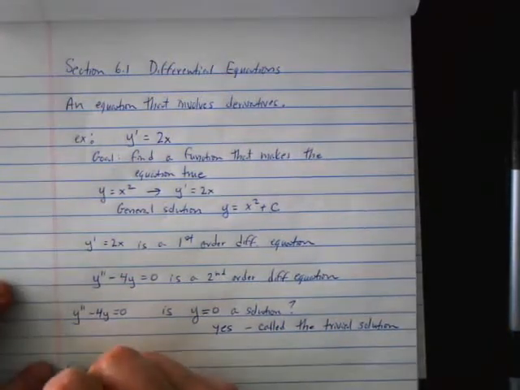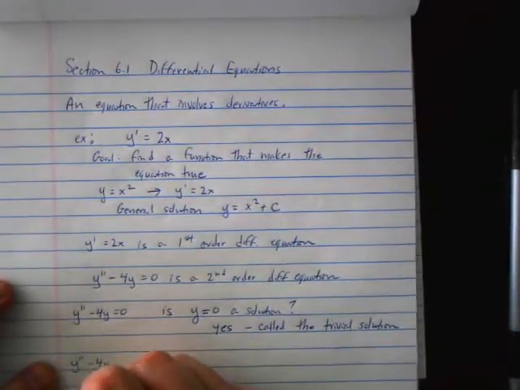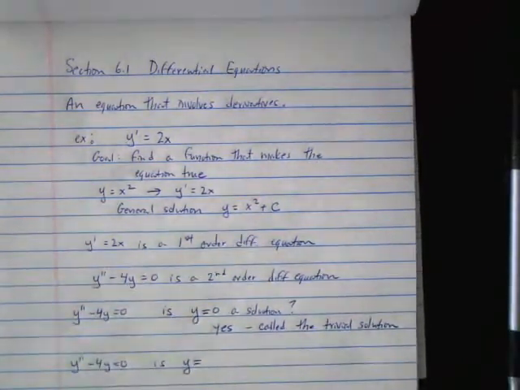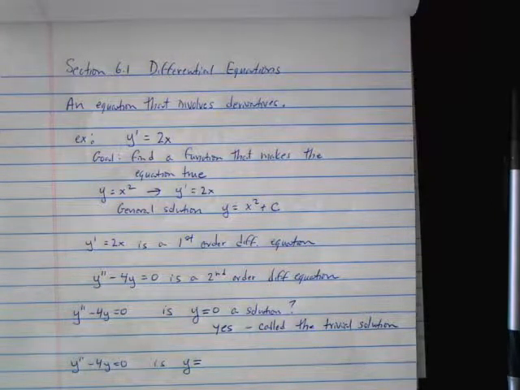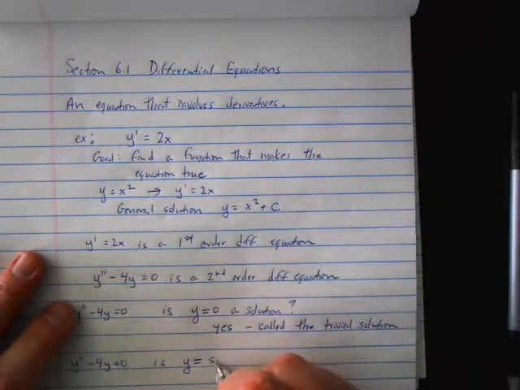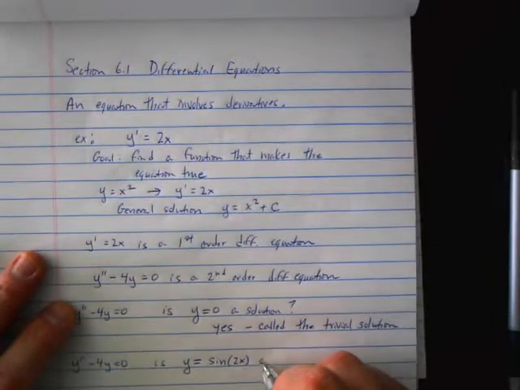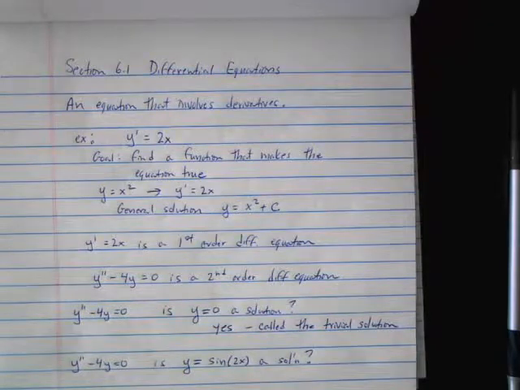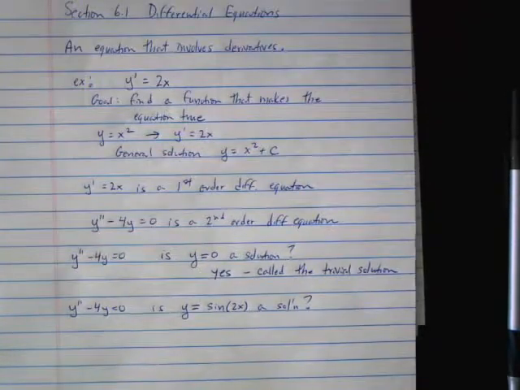All right, so let me rephrase my question. Does anybody have a guess for a non-trivial solution? I'll make a guess then. Is y equals sine of 2x a solution?